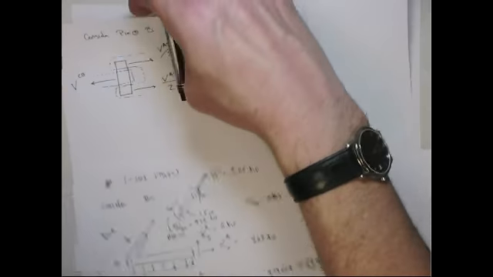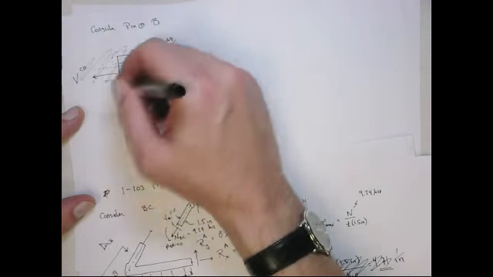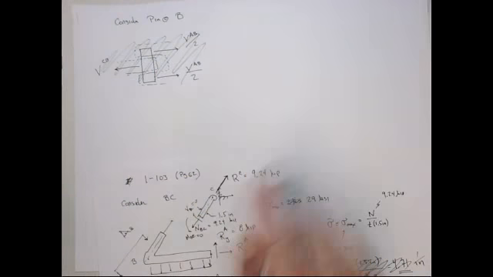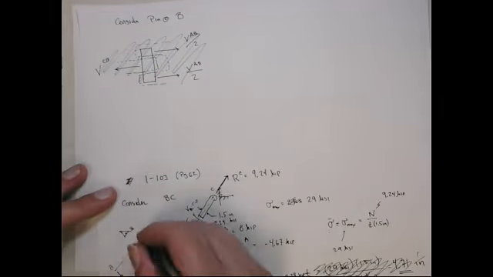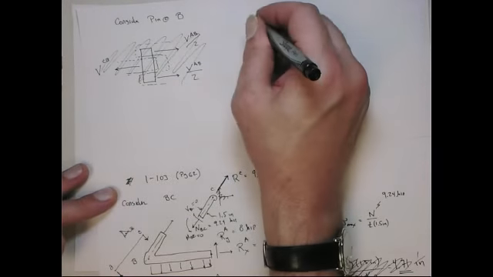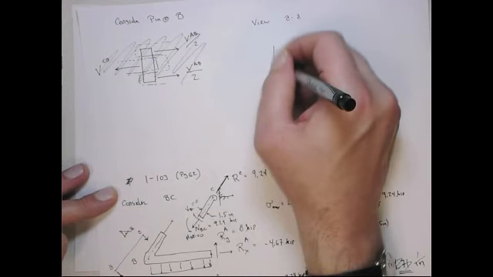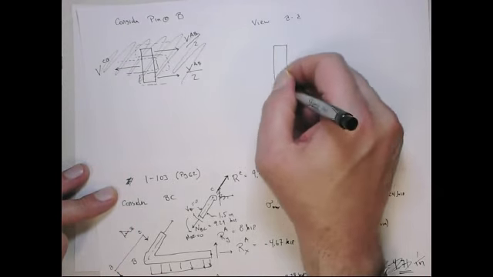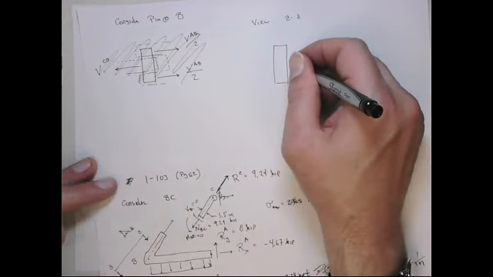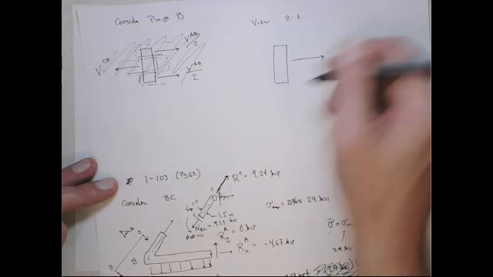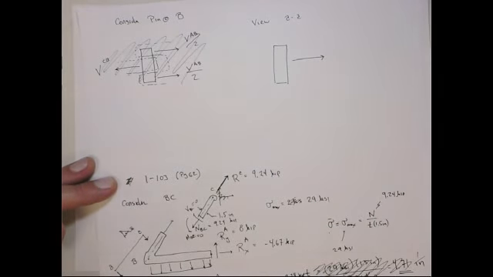Well, let me just redraw it. So if we look at this view, this is view AA. So we look at view AA at the pin. Let's see if I get this right this time. So here we have the reaction force acting from element CB.